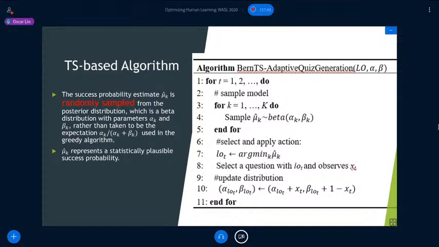The next step is to select and apply an action according to the optimal policy, and then update the posterior distribution of the selected action.